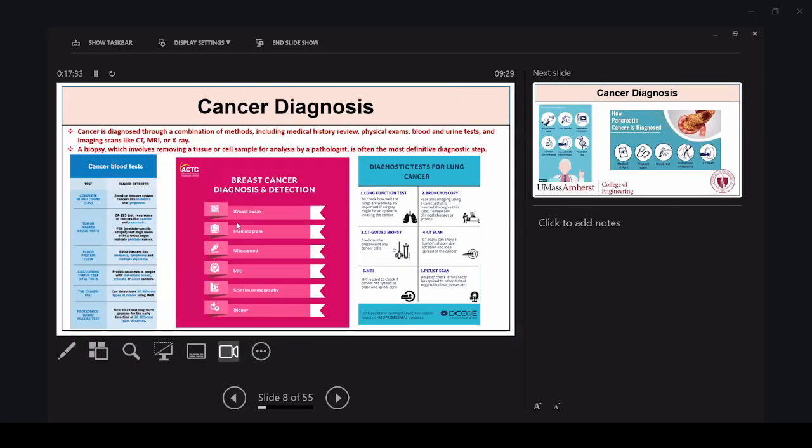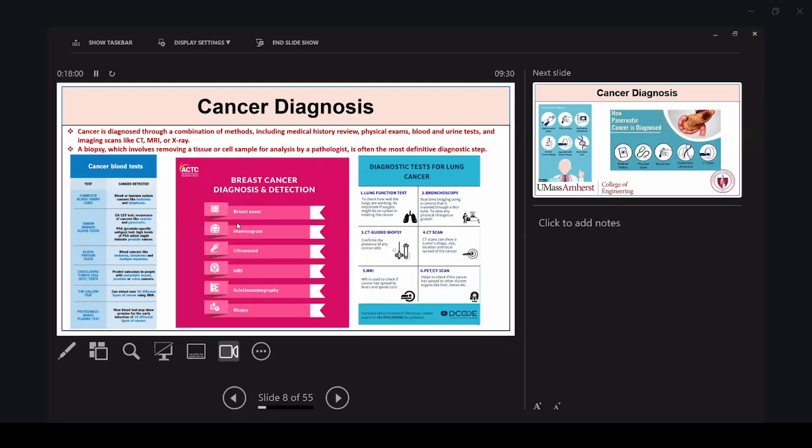So what are the current diagnosis methods for cancer detection? Cancer is diagnosed through a combination of methods, including medical history review, physical exams, blood and urine tests, and imaging scans like CT, MRI, or X-ray. Our previous speaker mentioned a lot about X-ray.